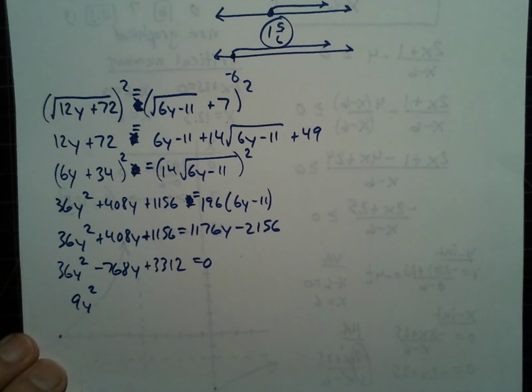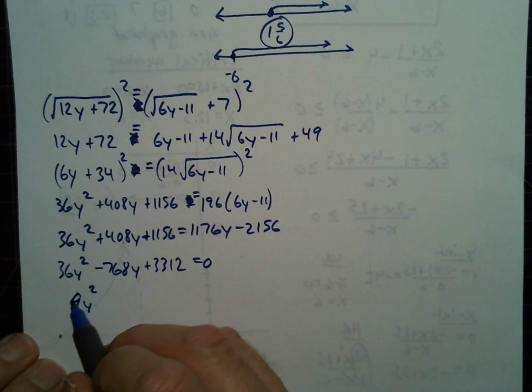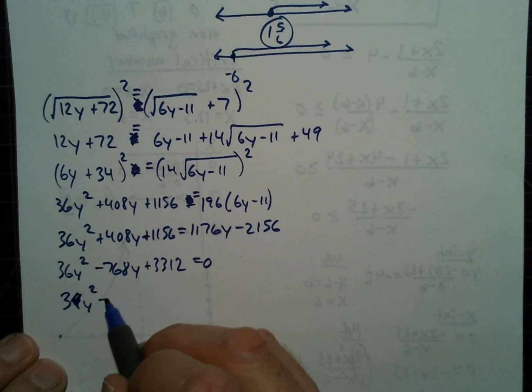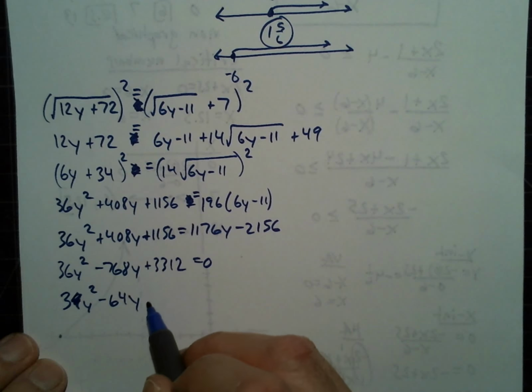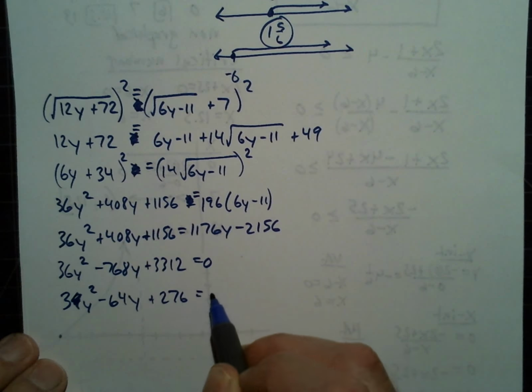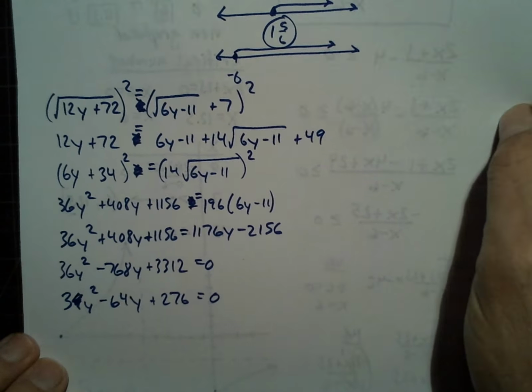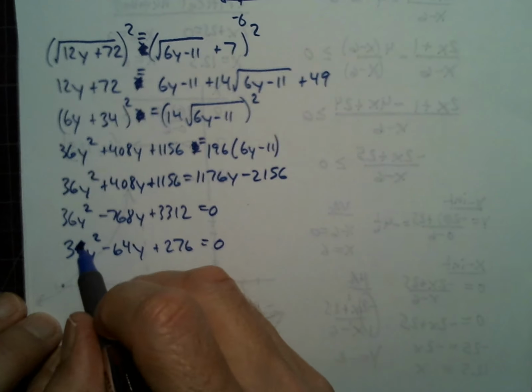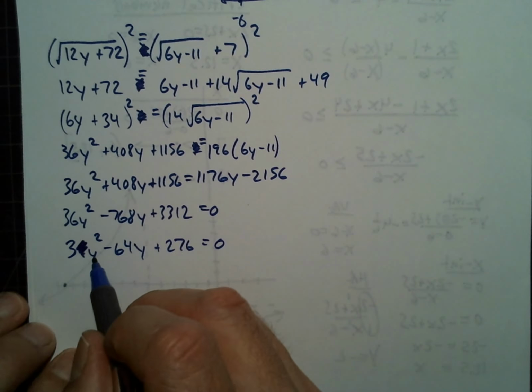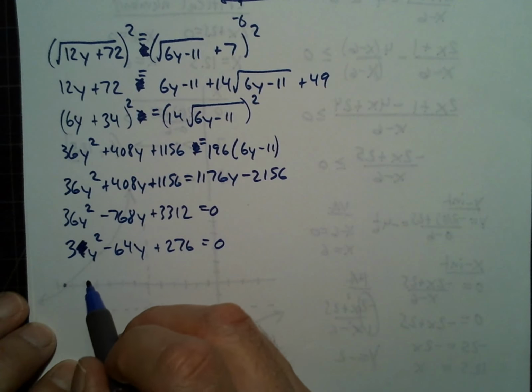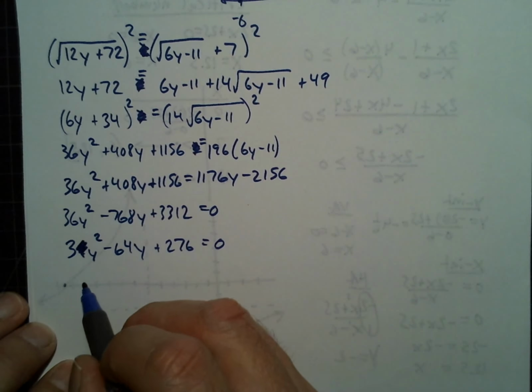Now we can divide everything by 12. So this will be 3. That's 3y squared. And then we'll do the quadratic formula.